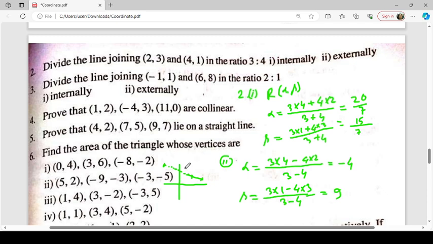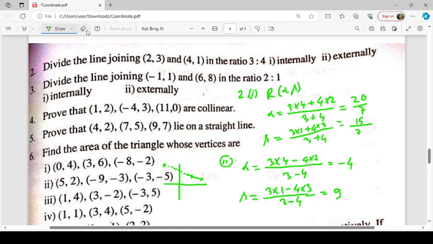So this is the way to find this. Next, joining this and this in the ratio 2:1, same procedure.